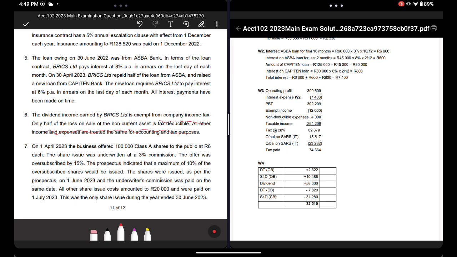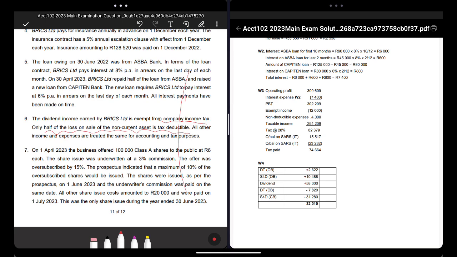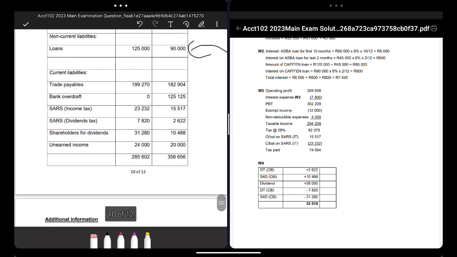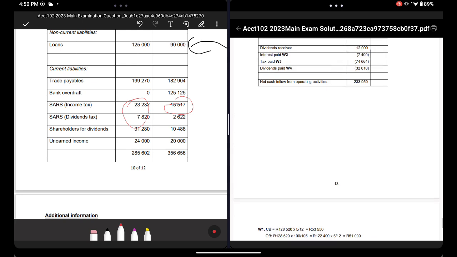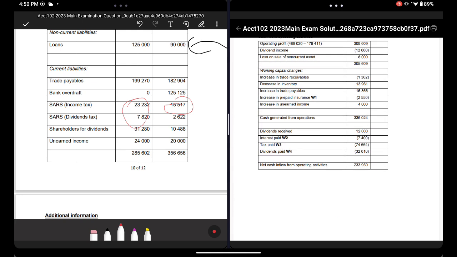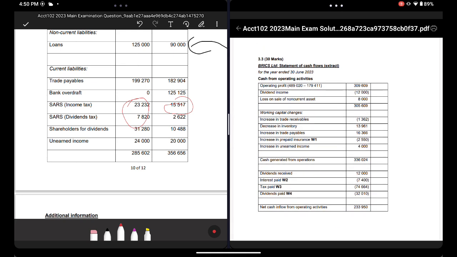This figure plus the balance in the beginning of the SARS account, minus the end figure, will give you the tax paid, 74,664, and you put 74,664 in brackets. Then you add these numbers, plus and minus, and you get net cash flows from operating activities, and that is done.